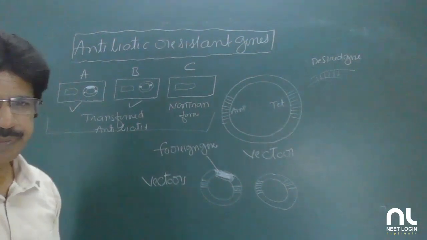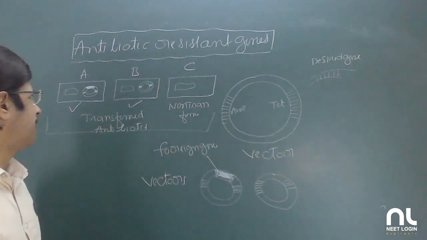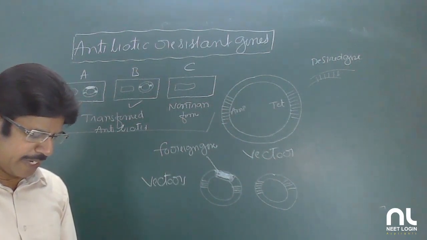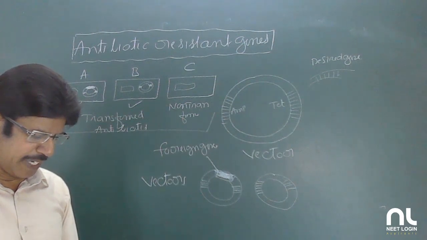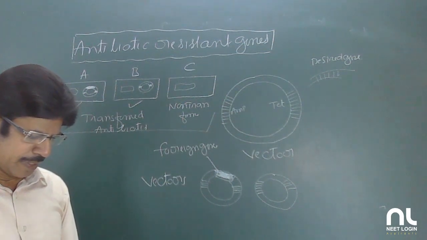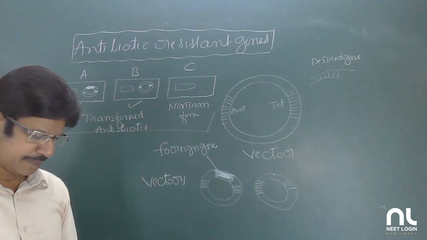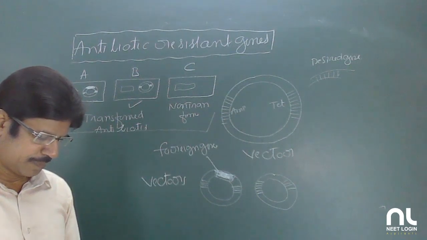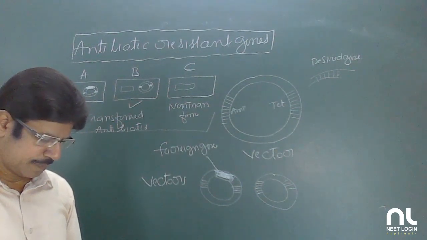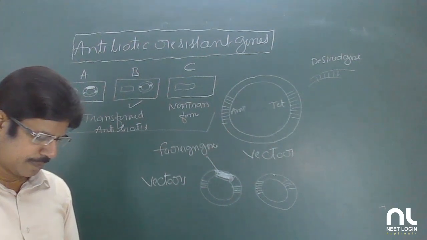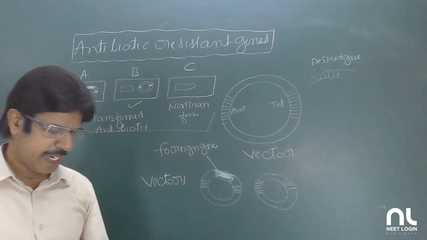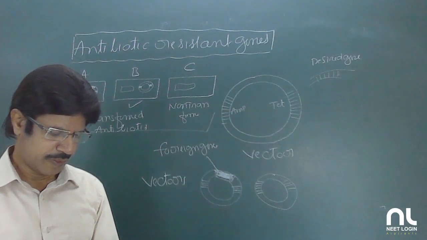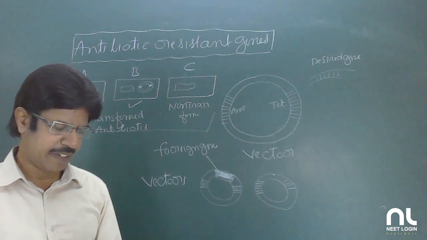C is non-transformed. In A and B, which is recombinant transformed, A or B?